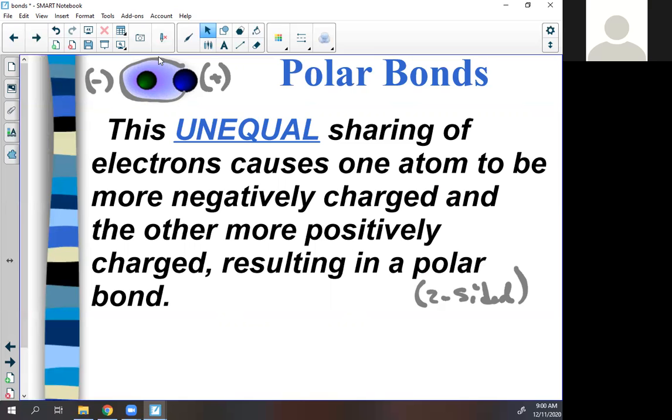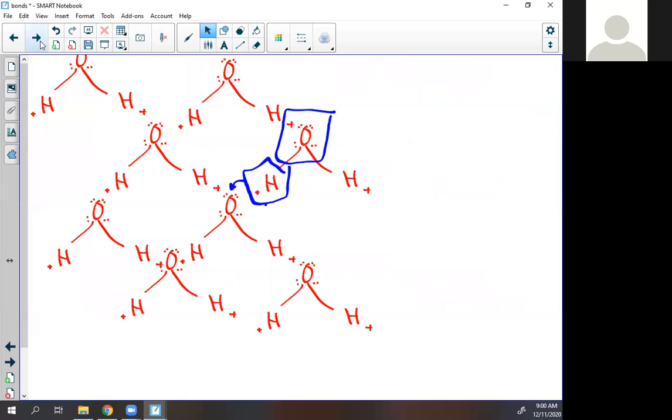So we'd say, once again, since it's two-sided, it must be a polar substance. All right, water, we should know, is polar. The polarity of water is what gives it some of its properties and leads to one other thing we're going to talk about later, which is called hydrogen bonds.